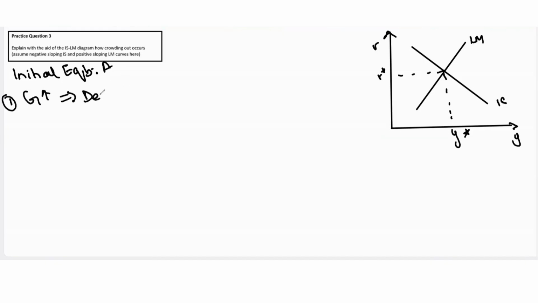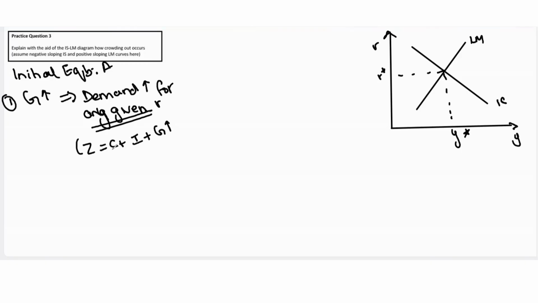When G increases, demand increases for any given R, because we know Z is C plus I plus G. One of the components of demand increases, so demand increases.